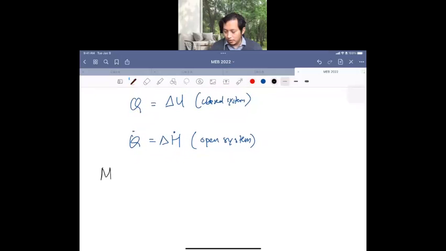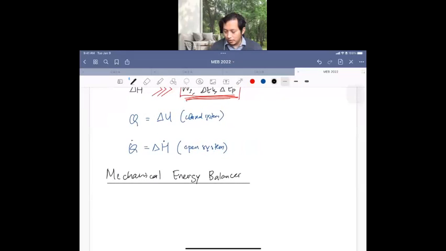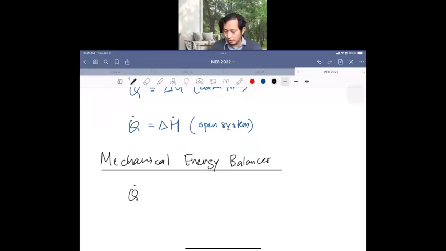And this is how we can apply this mechanical energy balance. Let me write the whole thing. This is equal to, right.